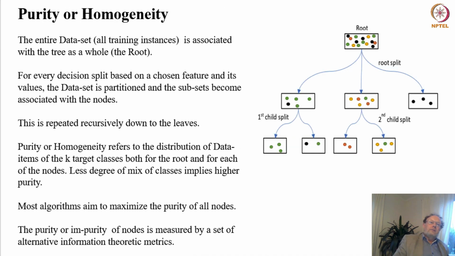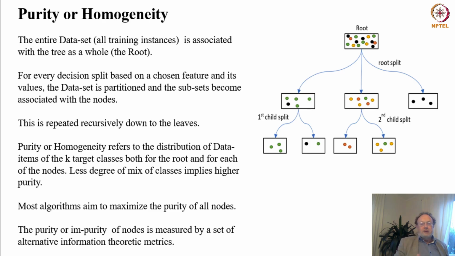One property of nodes in a decision tree that is important for the rest of our discussion is the concept of purity or homogeneity.